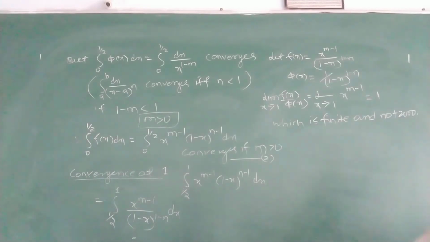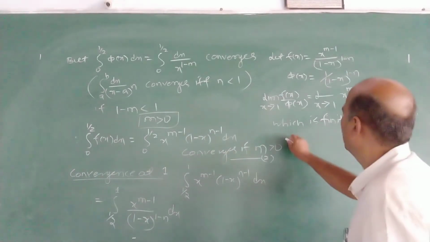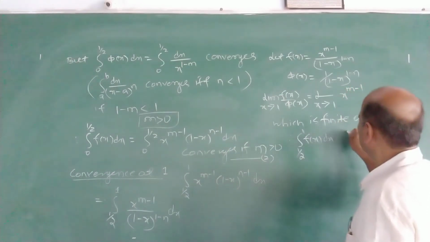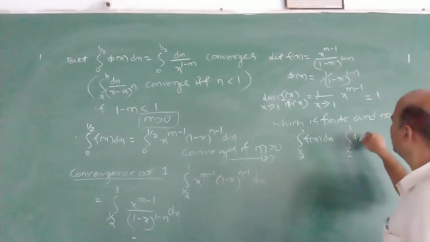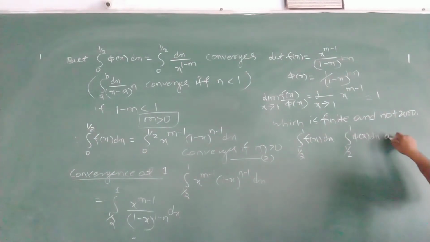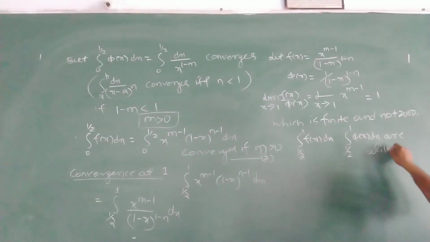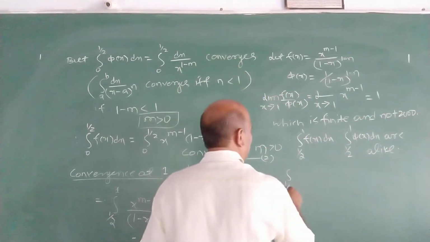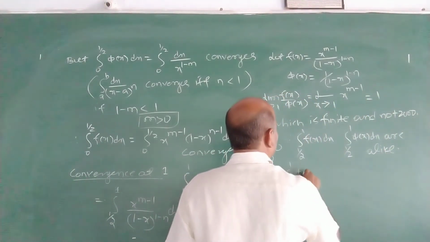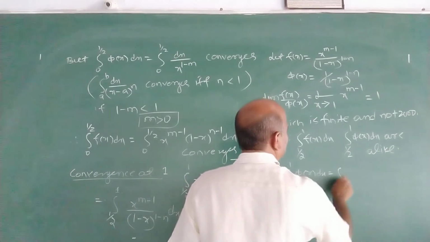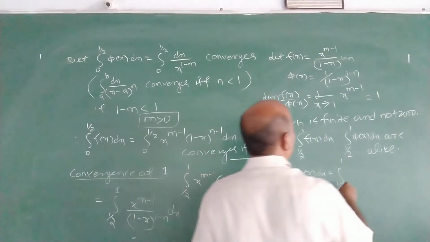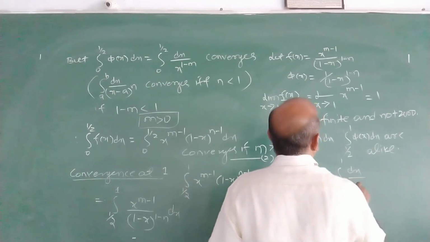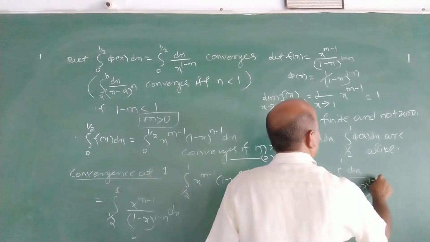Therefore, the integrals from half to 1 of f(x) dx and phi(x) dx are alike by the comparison test. Either both converge or do not converge. But what about the integral from half to 1 of phi(x) dx? It is the integral from half to 1 of dx by (1-x)^(1-n).